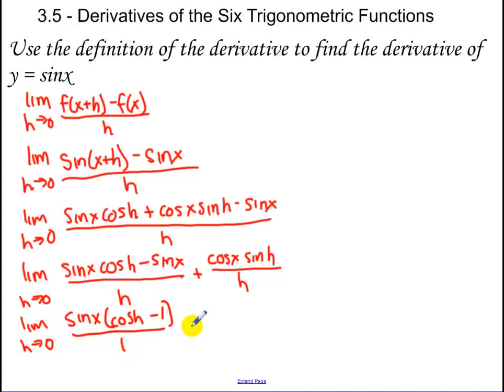Remembering your laws of limits, I can distribute that limit as h goes to 0 to the second set of terms, and notice what we have here. We have the cosine of x and one of those special trig limits I wanted you guys to remember, sine of h over h.